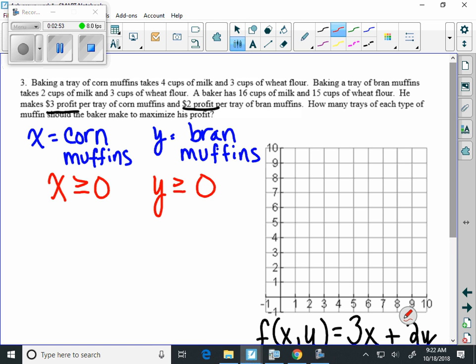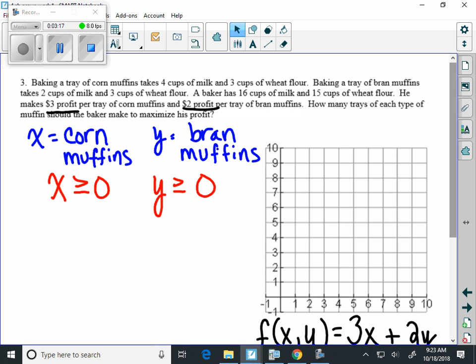Now, as we take a look at the other things that are happening in this problem, we have two things happening. Baking a tray of corn muffins takes 4 cups of milk and 3 cups of wheat flour. Baking a tray of bran muffins takes 2 cups of milk and 3 cups of wheat flour.